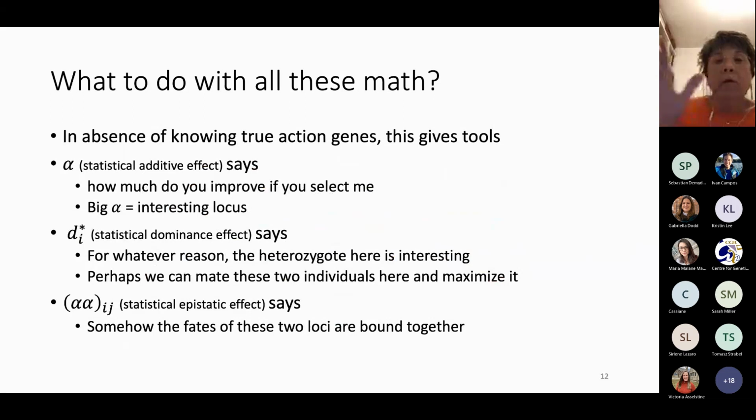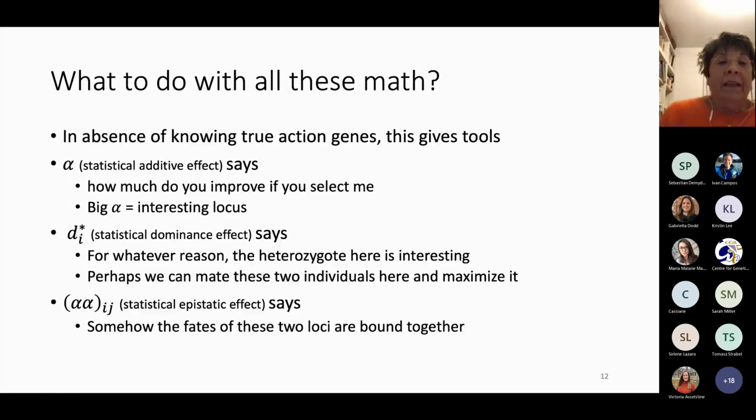Okay, now that we have all these maths, we can use it because, in the absence of knowing the true action of genes, all this math gives us tools. For instance, the statistical additive effect alpha says how much you improve if you select me.